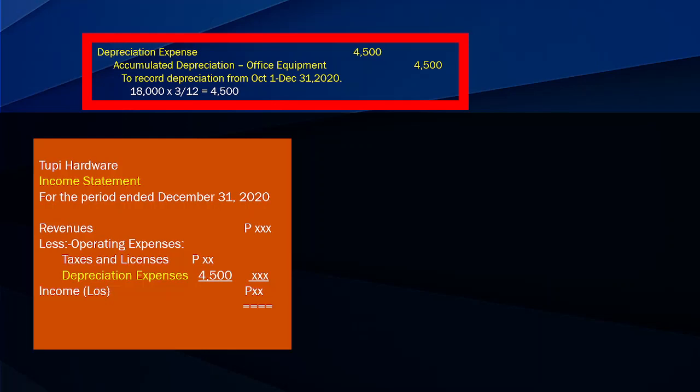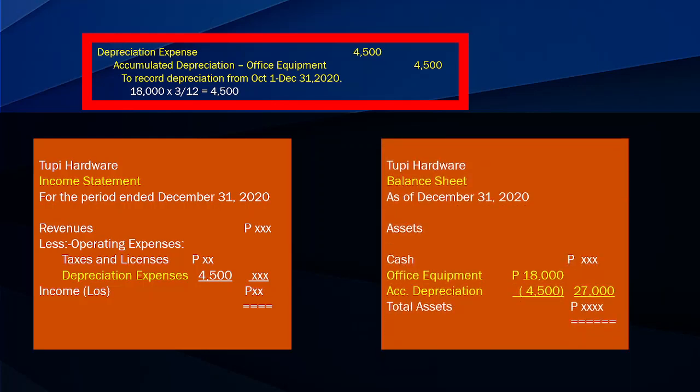Let's continue. What happened to the accumulated depreciation, office equipment? This is a contra asset account, or contra account of the office equipment, an asset rather. Therefore, that is presented in our statement of financial position, or what we call the balance sheet, and it must show like this one. I am just showing to you a portion of our balance sheet.